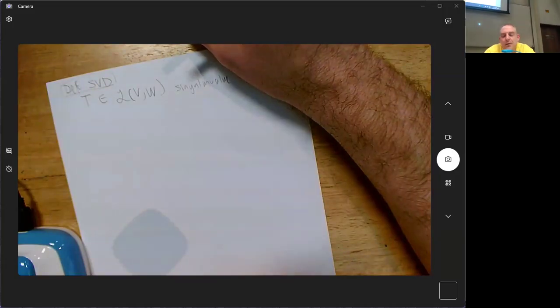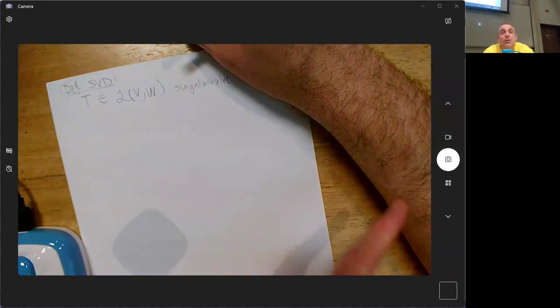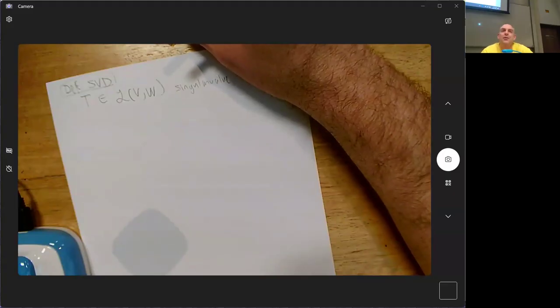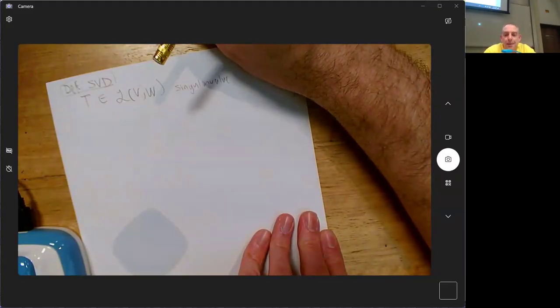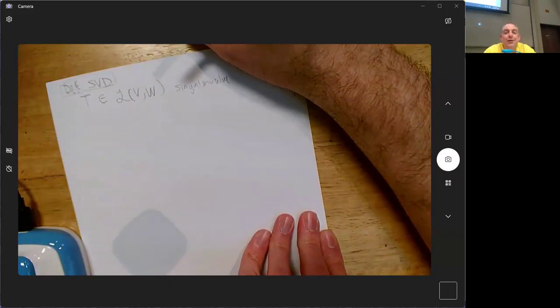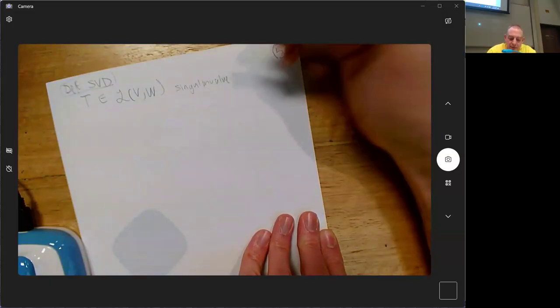But the singular value is allowed to be 0. Right, gotcha. So the positive ones are the not 0 ones. Yep. Thank you. So the singular values are allowed to have zeros.